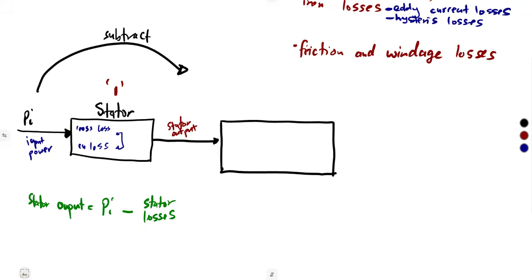It is now entering what? The rotor, the second part. Just like we had 1, we're going to denote calculations which are on the rotor with the subscript 2. We're going to explain that one later on.